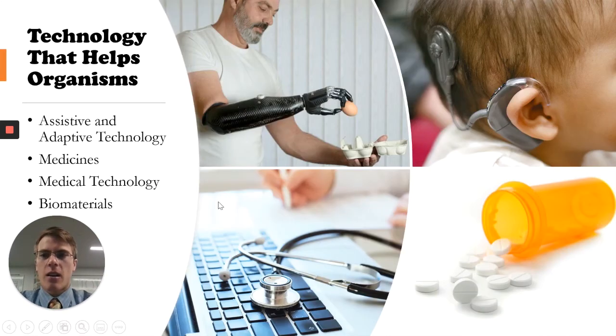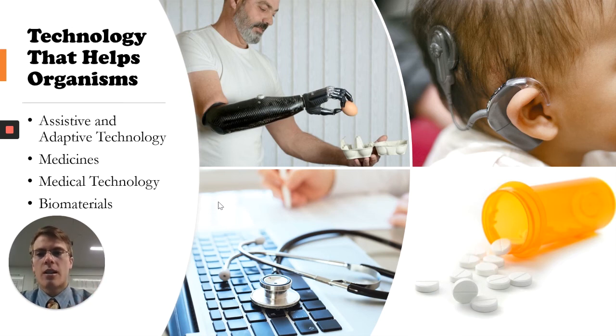Lastly, technology that helps organisms. So again, the intersection between life science and engineering. We've got assistive and adaptive technologies. So think of things like canes, hearing aids, cochlear implants, which is this example on the top right here, which helps a child hear.